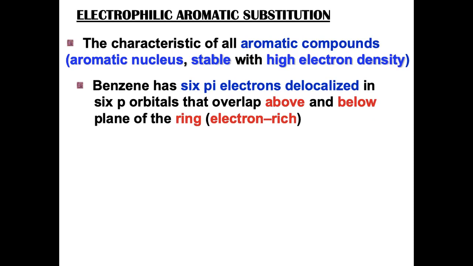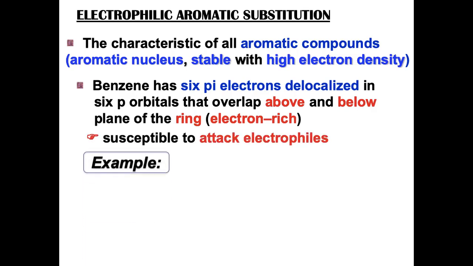So our aromatic ring is the nucleophile because benzene has 6 pi electrons, so it is an electron-rich species. It is susceptible to attack by an electrophile because the aromatic ring itself is a nucleophile, so it will attack the electrophile.